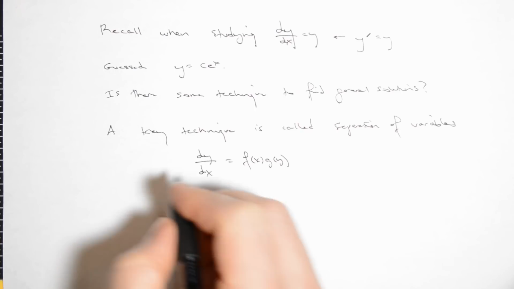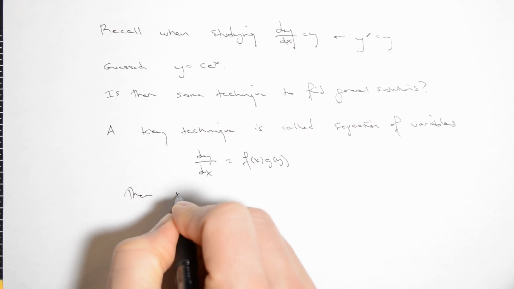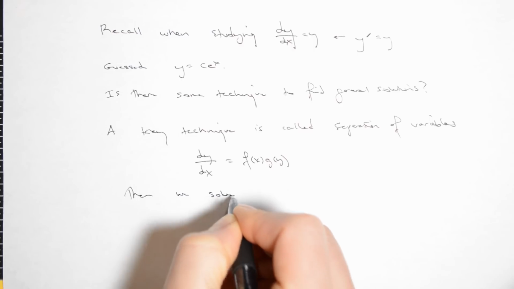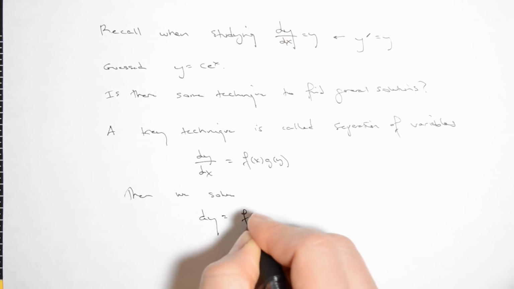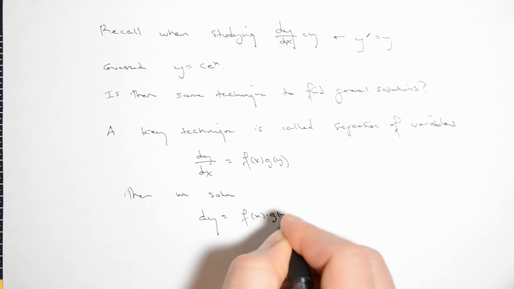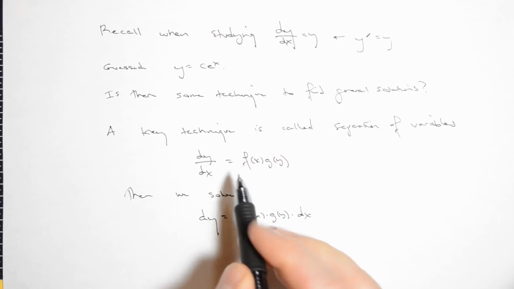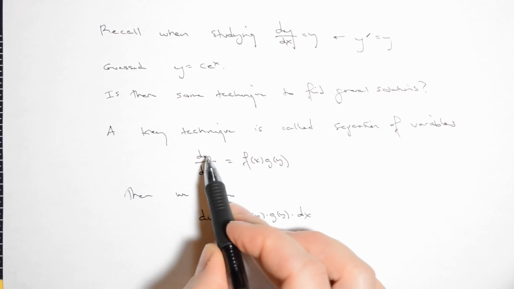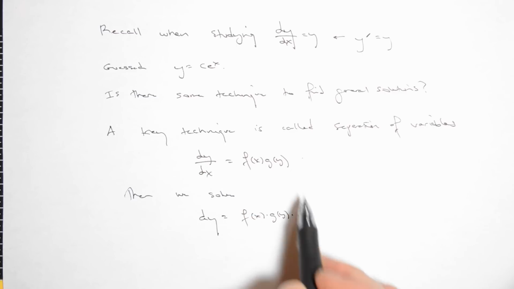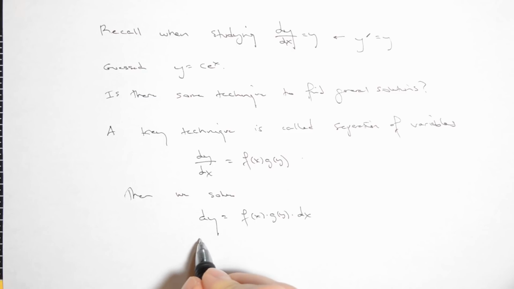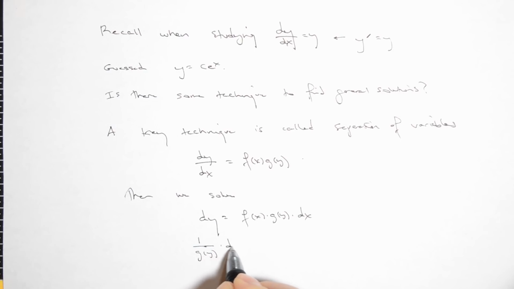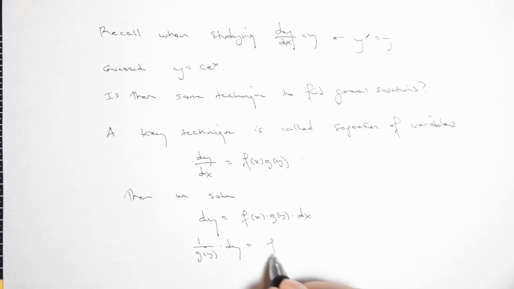Then we solve for dy = f(x) g(y) dx, effectively treating these two things as a fraction, multiplying to the right-hand side, and then dividing by the g(y) function. So we get 1/g(y) dy = f(x) dx.